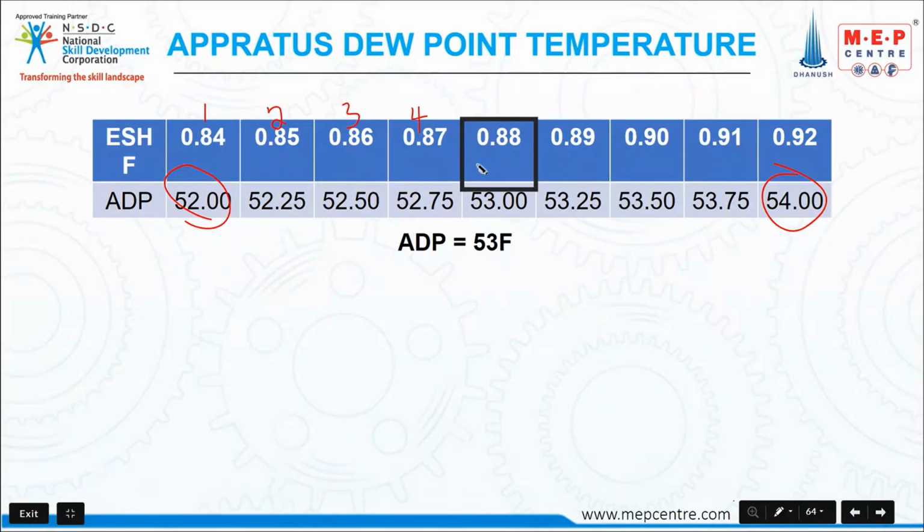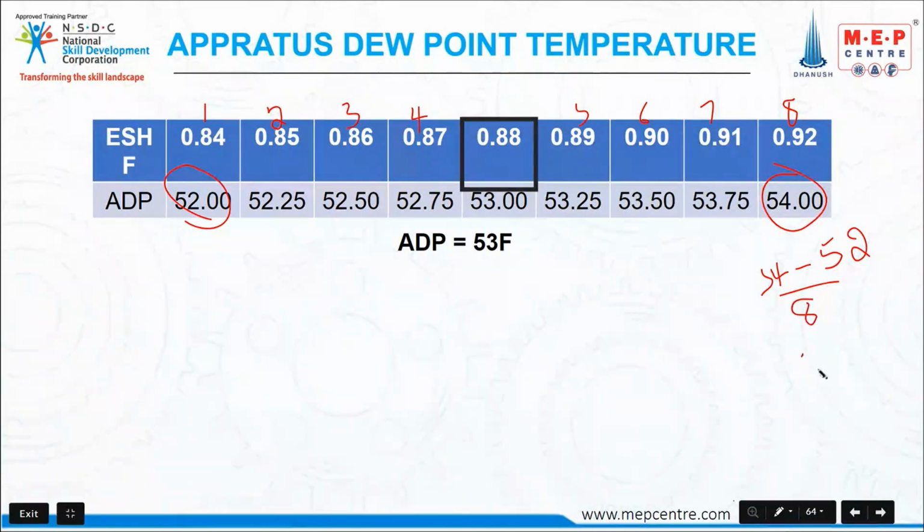Don't count this 0.88, because we need that one. 5, 6, 7, 8. Okay. Now 54 minus 52 divided by 8 places, so you'll get 0.25.